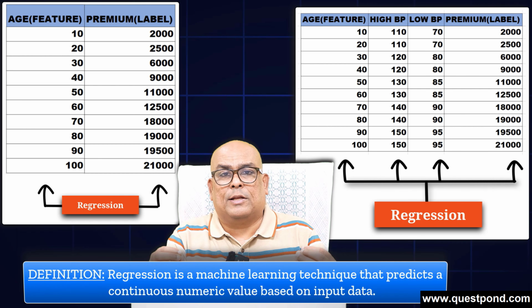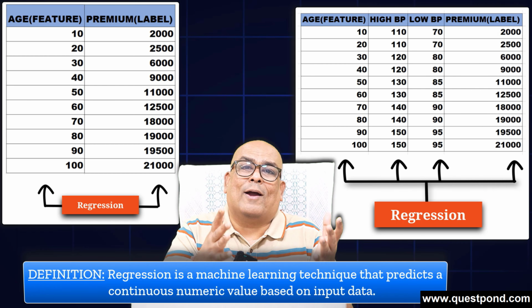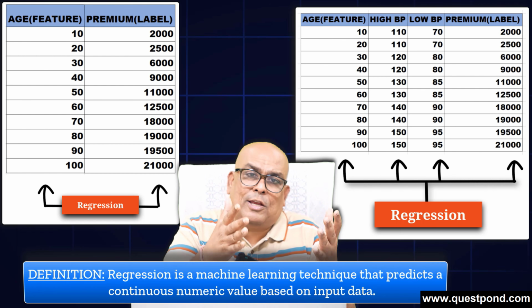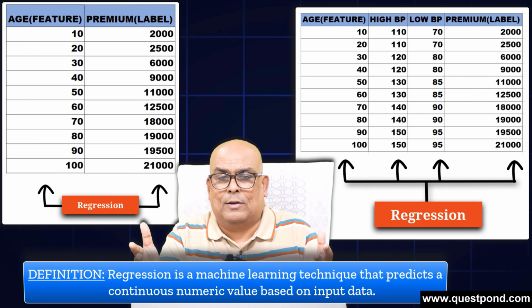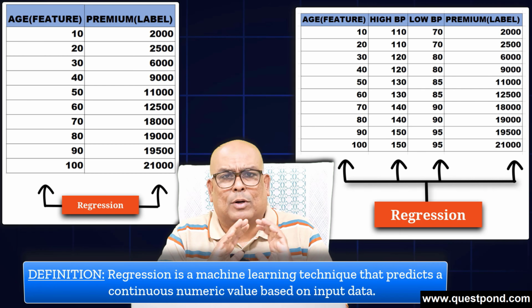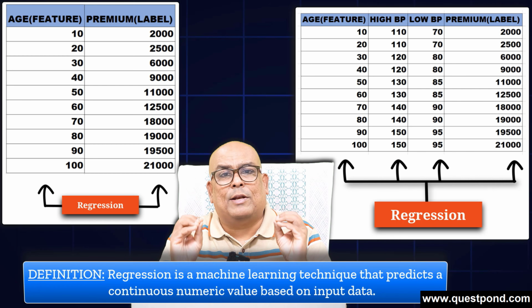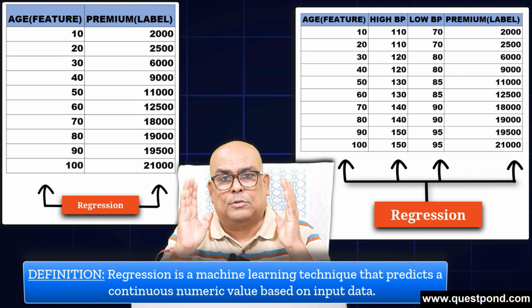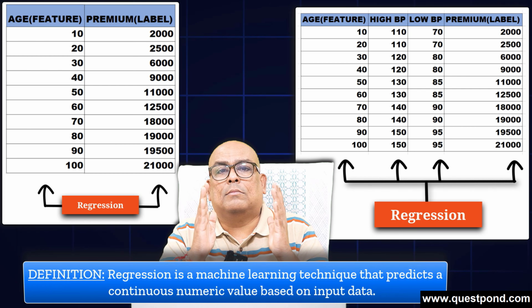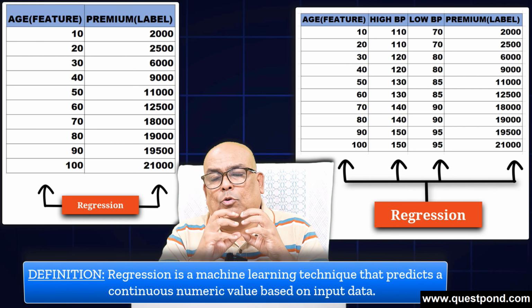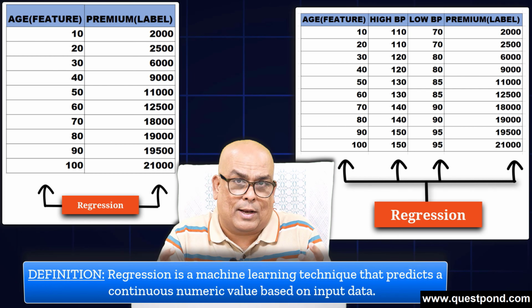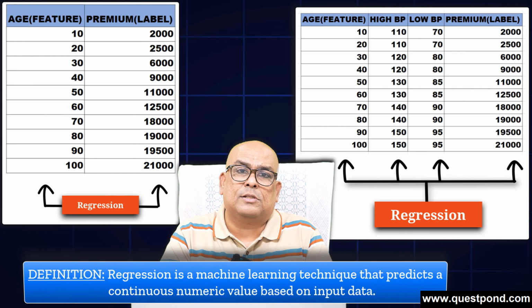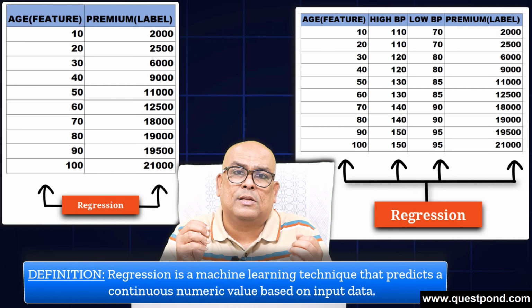This also is termed as regression, only that in this case you have three inputs and one label, which is the insurance amount. But whatever it is, finding the connection between numerical values is termed as regression.